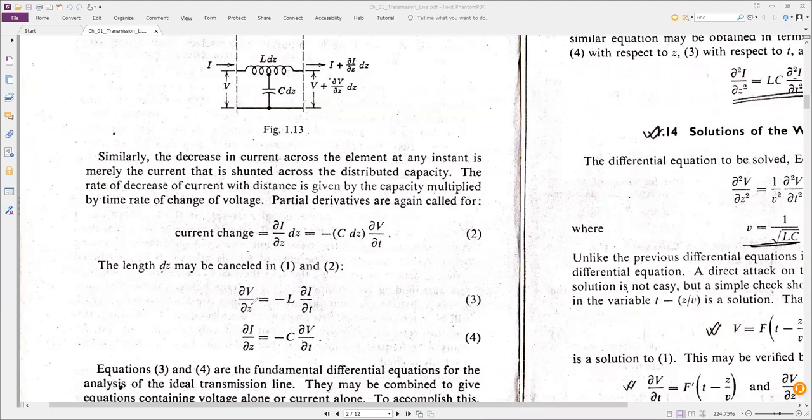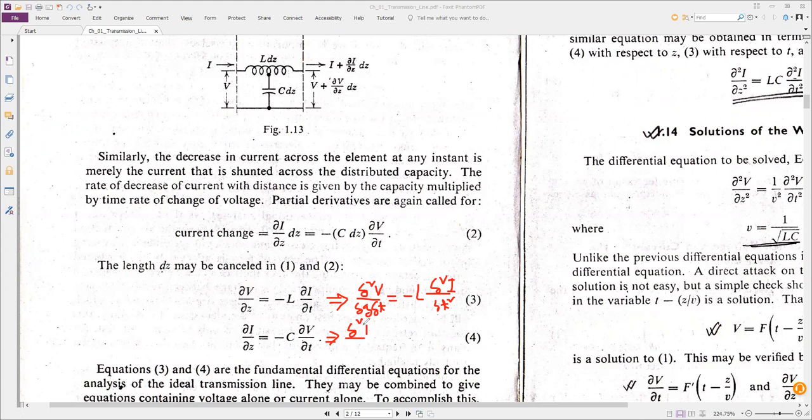So if I differentiate with respect to time, then what we get? Del squared V by del z del t, right? And minus L del squared I by del t squared, with respect to time, and this one with respect to distance.